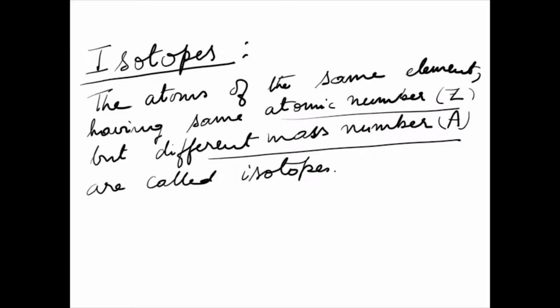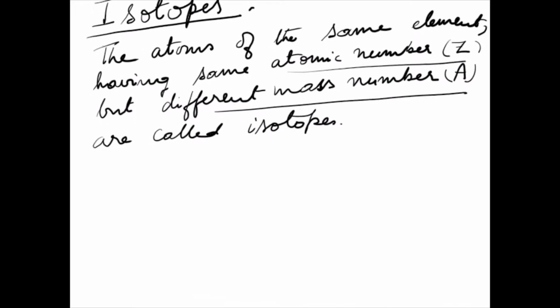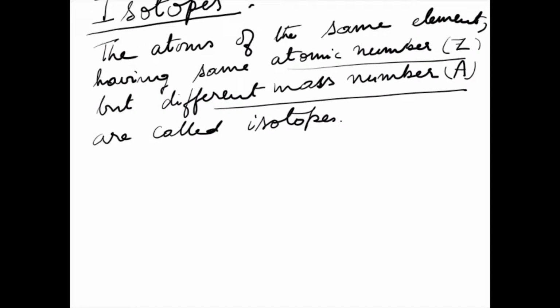Okay, so atoms of isotopes have the same number of protons, which implies the same number of electrons, but differ only in the number of neutrons. Since the isotopes have the same number of electrons outside the nucleus, their chemical properties are the same.